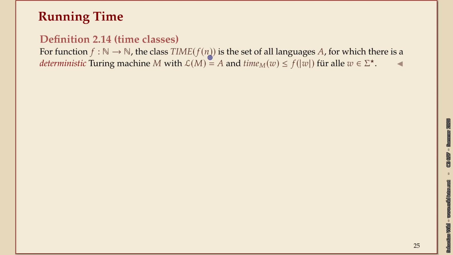And then TIME of this function is the set of all languages or algorithmic problems for which we can find a Turing machine that accepts this language and uses at most f of the input size as its running time.